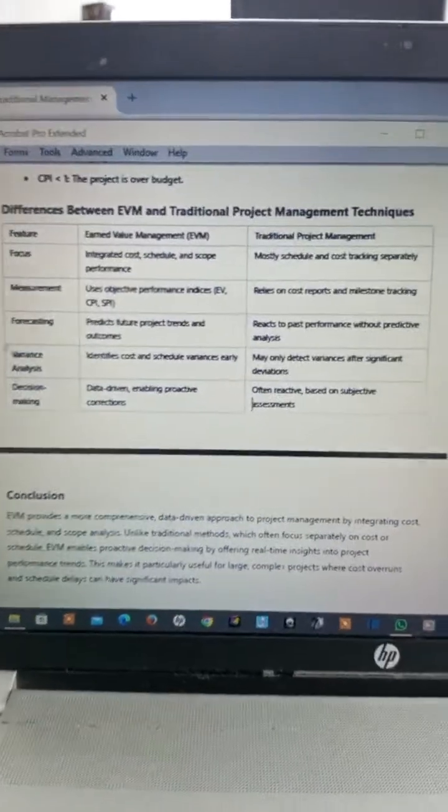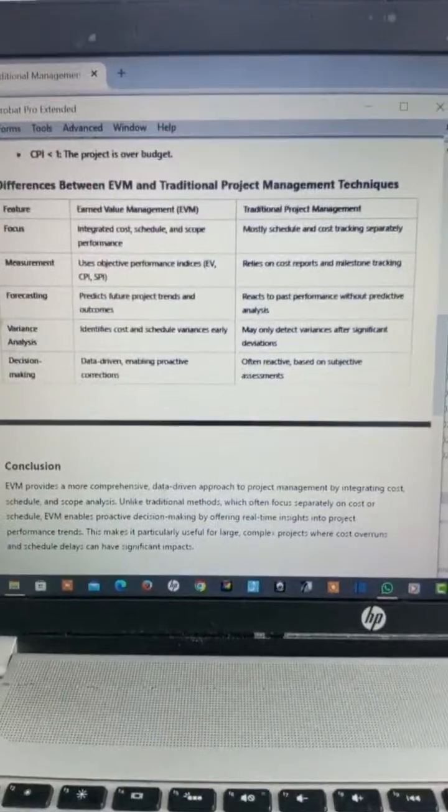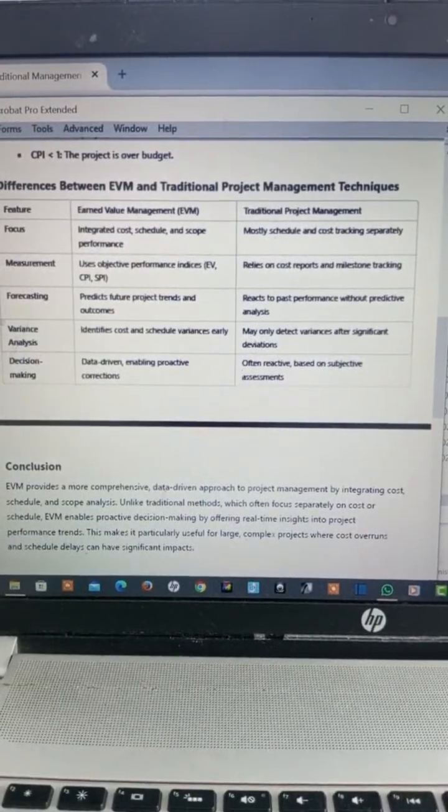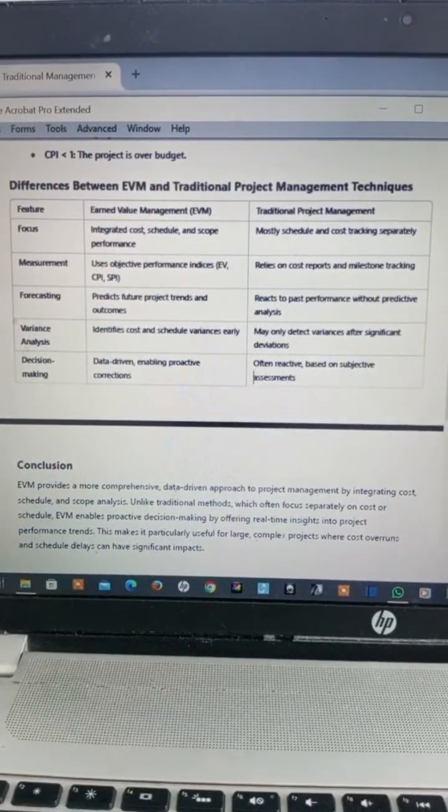I'm going to share this screen. Okay. Is it clear?